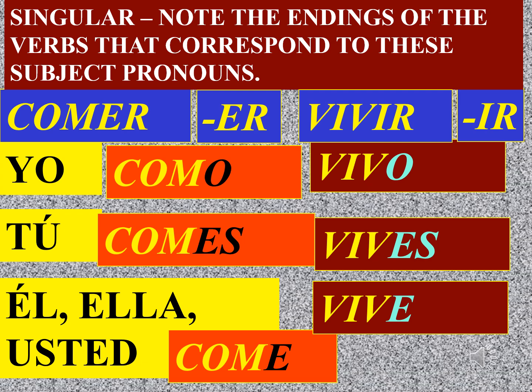And you should compare the ER verb endings and the IR verb endings. O to O, ES, ES, E, E. So we can say they are exactly the same.